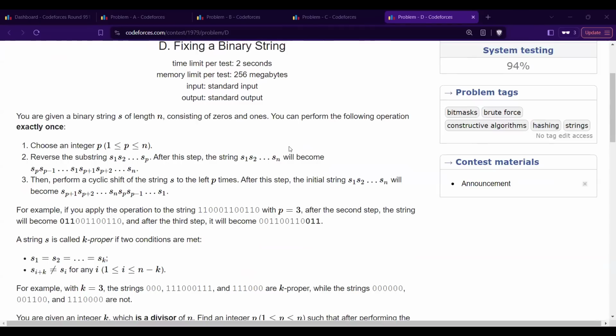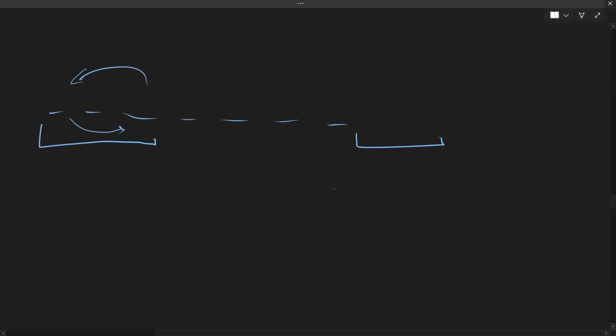So you have a string S. You first choose p, then you reverse it, and then one by one you place these characters in cyclic order at the last. The first character, second, third, fourth, all the way up till n. You have 1, 2, 3.